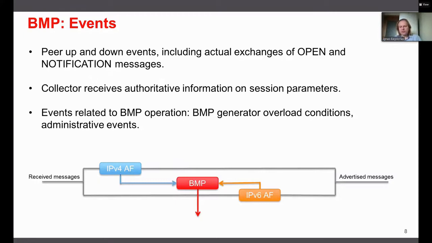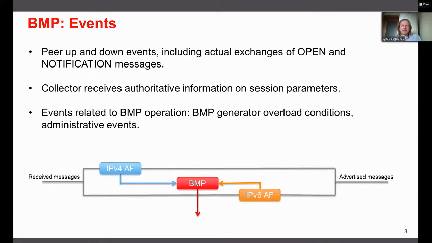It also provides some information about the overall health of the BMP component. Imagine you have a large number of BGP peers all trying to synchronize the initial view. That's quite a large amount of information flowing in and a large amount of things to be processed by the node.